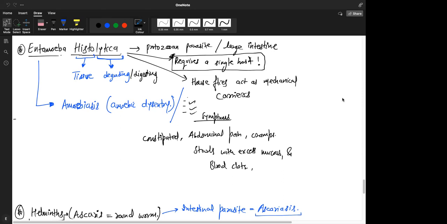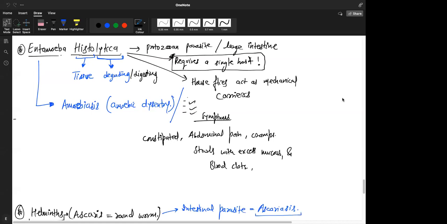It is a protozoan parasite, and it mostly affects the large intestine. It causes amoebiasis, the amoebic dysentery.